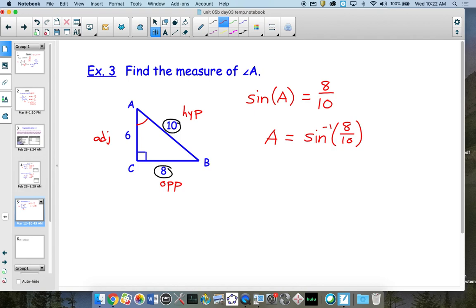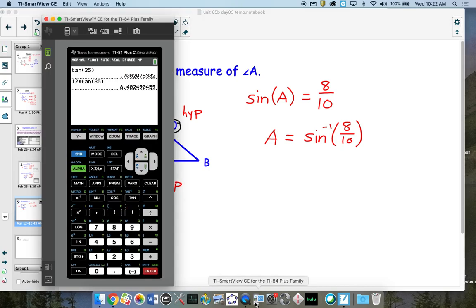So let me show you on the calculator how that works. So grab the calculator. If you notice on any calculator, above the sine, cosine, and tangent, you see the sine to the negative 1 power and the cosine to the negative 1 and tangent. Those are the inverse functions. So to access that, I'm going to have to press the second button and then press the sine button.